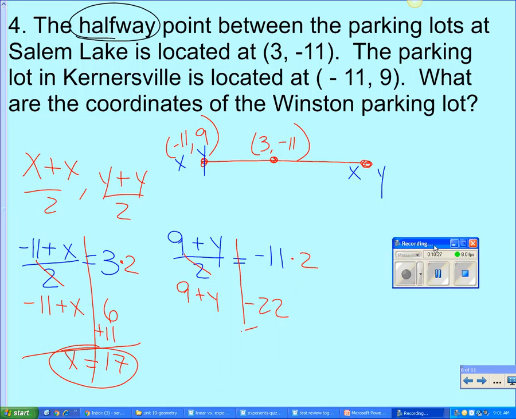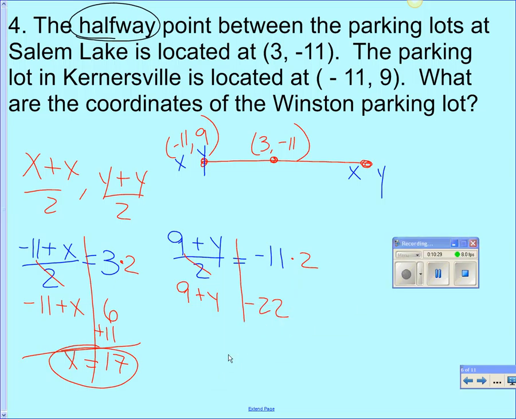And Dylan, what else do I have to do on this one? What's with the y? So how do I move that? Minus it. Good. Which gives me negative 31. Okay.